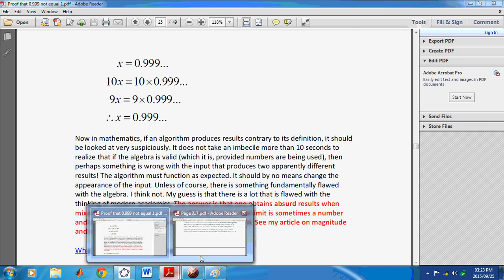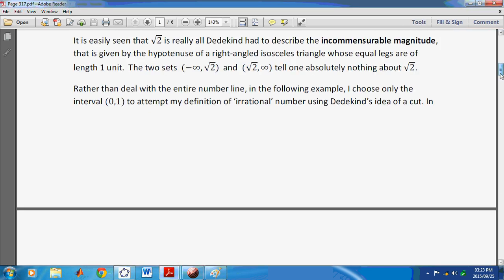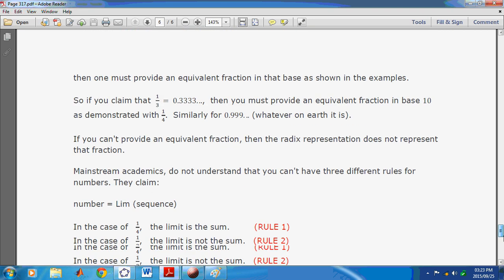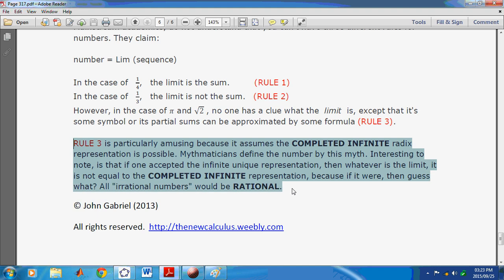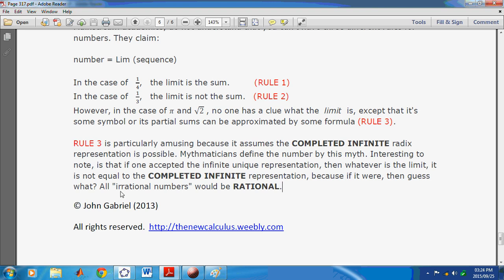So if we go back to this document here, I'll show you right at the end the three rules. In this case here, it's an ethereal concept. Nobody knows what it is. Mathematicians like to say it's the infinite radix representation in whatever base you're representing it. But that's absolute rubbish, because even if you could sit down and write the radix representation of such a number, and you could live forever, you would never finish.